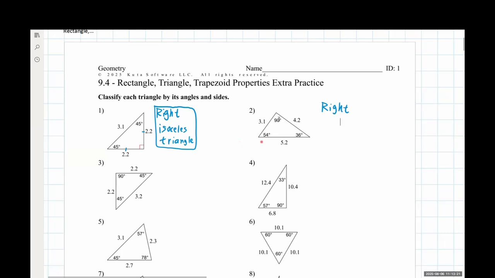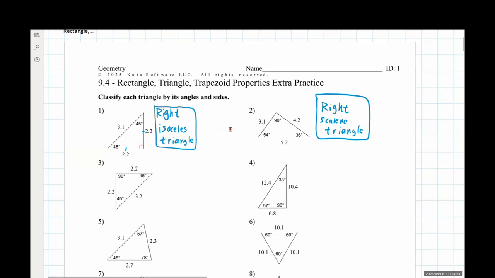If I look at the side lengths, none of them are the same. So that means we're going to end up having a scalene triangle. So we just say this is a right scalene triangle, and good to go. No extra work necessary. Done.